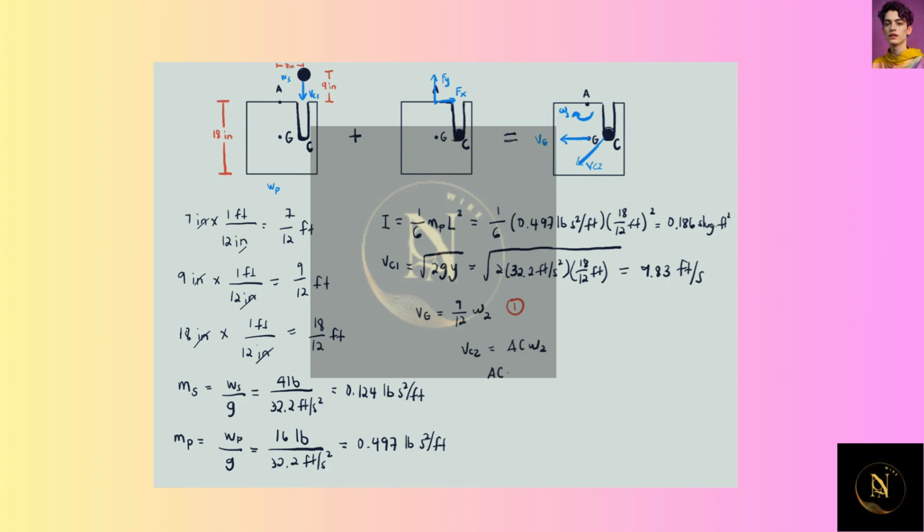Let's first calculate the length of AC. This would be the square root of 7/12 foot squared plus 9/12 foot squared. This gives us 0.950 foot. Hence Vc2 is 0.950 omega. This is our equation 2.